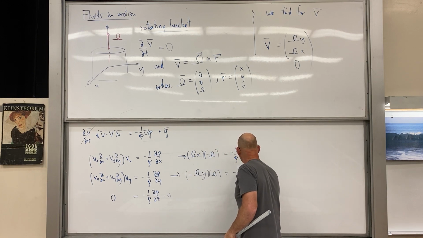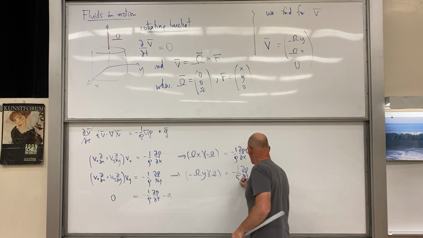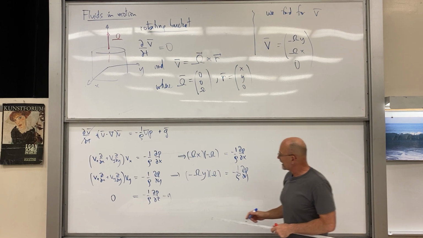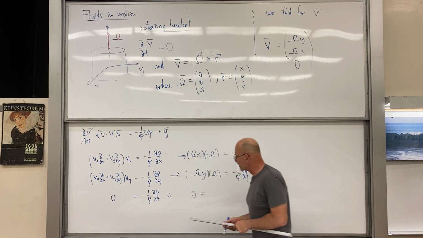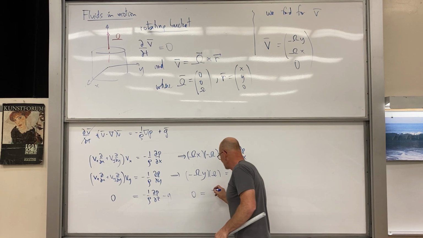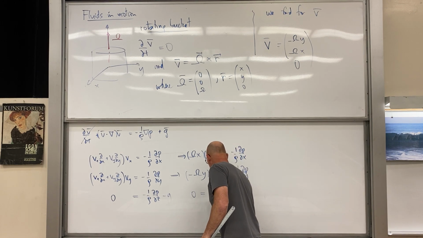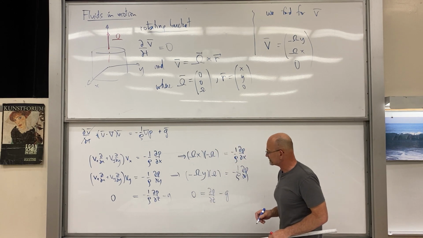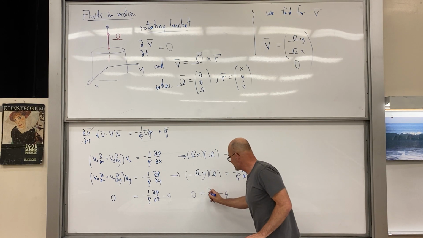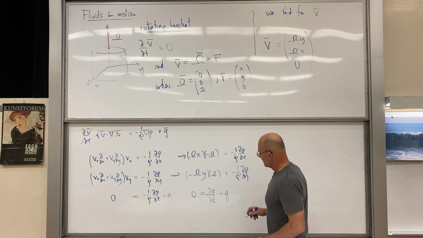Minus 1 over rho dp dy. And finally we have 0 is equal to dp dz minus g. Actually minus right here. Good.